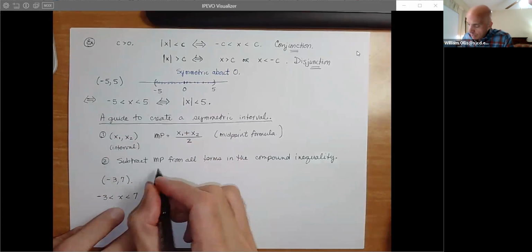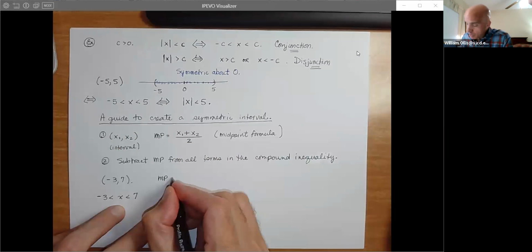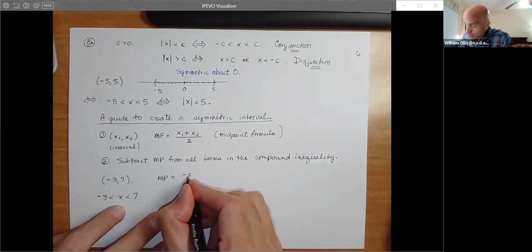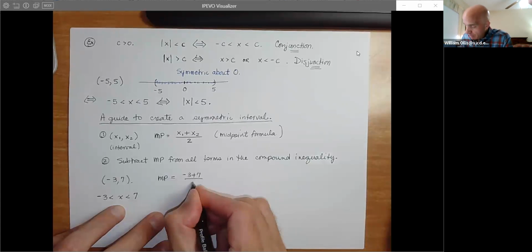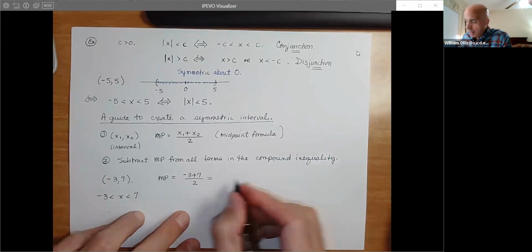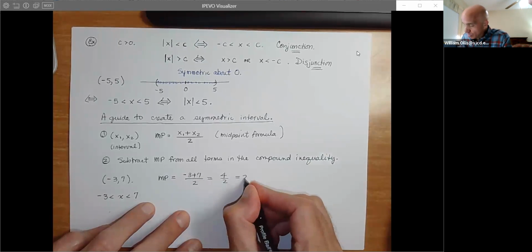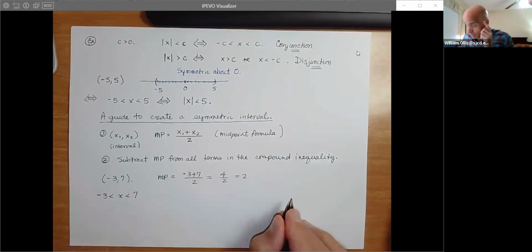So now we've got MP. I'm going to follow Professor Ron's recipe. So MP will be -3 plus 7 divided by 2. Sometimes the simplest things are the most difficult. That gives us 4/2, which is 2. So I've done this part.